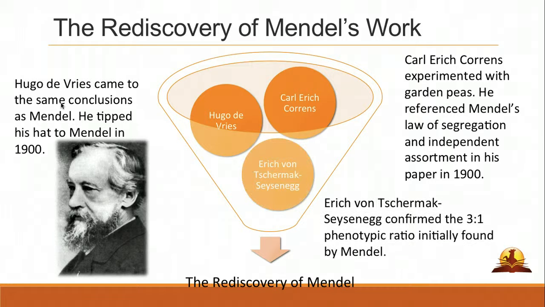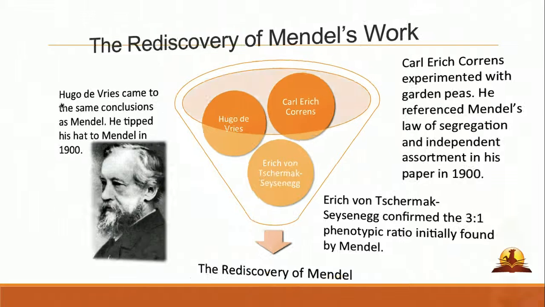And then Erich von Tschermak-Seysenegg also confirmed that 3-to-1 ratio. If you remember the F2 generation, you had 3 purple and 1 white, and he confirmed that ratio in his work. So 30, 40 years later, these three scientists validated everything that Mendel said.